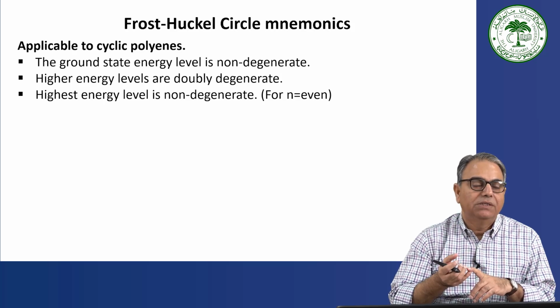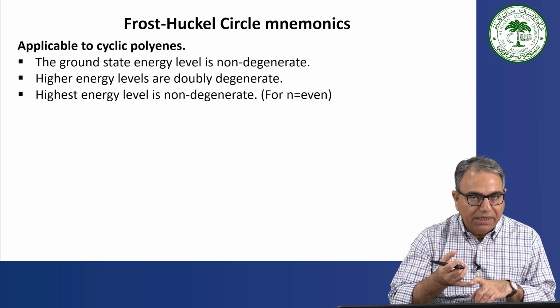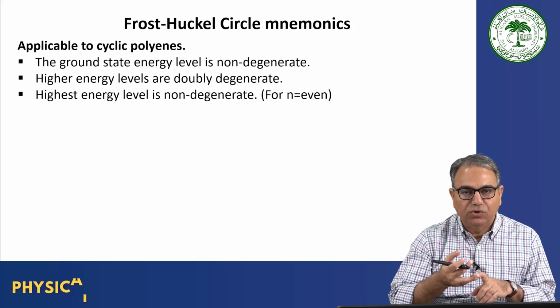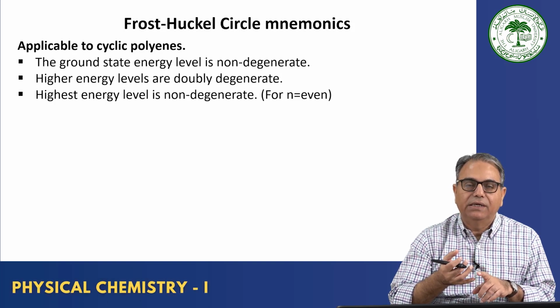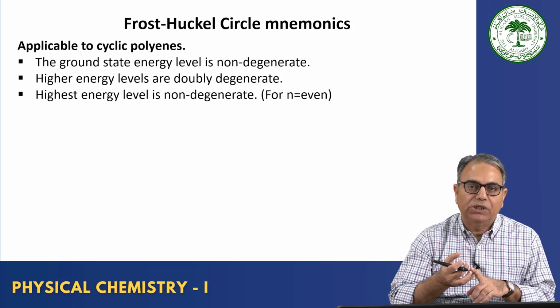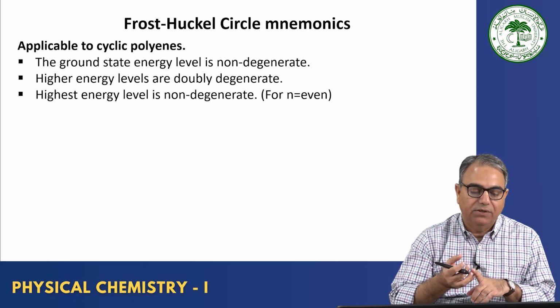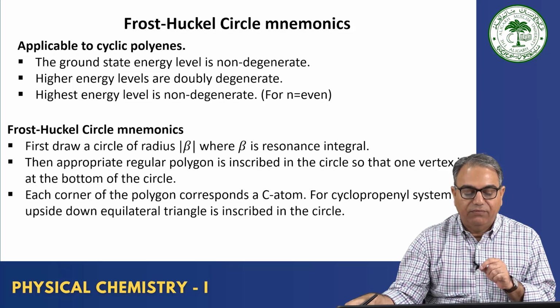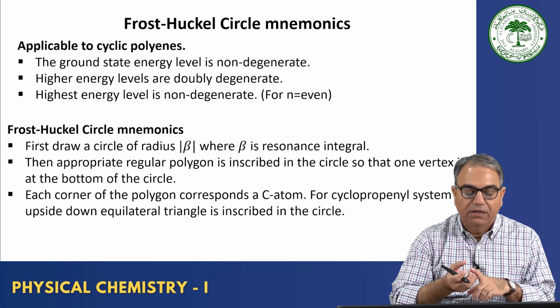In the cyclopropenyl system also we got that. In cyclobutadiene also you got a doubly degenerate system, and in benzene you got two sets of doubly degenerate orbitals. Okay. So these are the properties of cyclic polyenes.